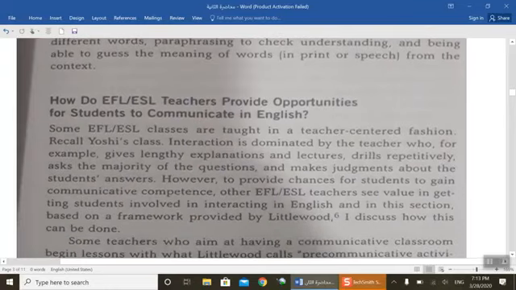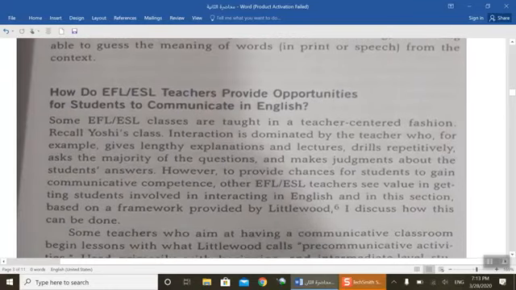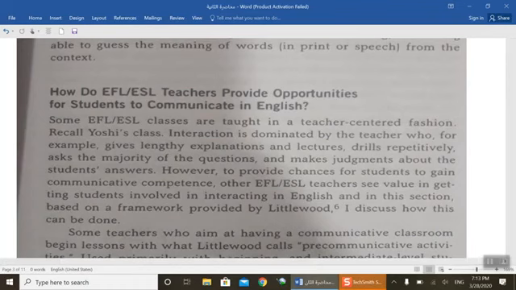Question 2, how do EFL or ESL teachers provide opportunities for students to communicate in English? It's very important. Some ESL classes are taught in a teacher-centered fashion. And we talked about this.